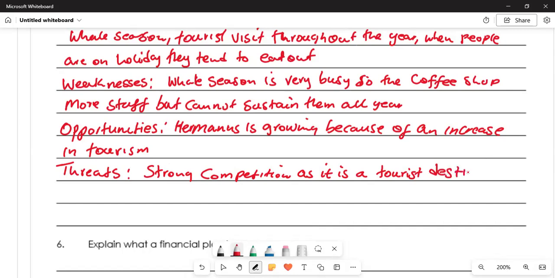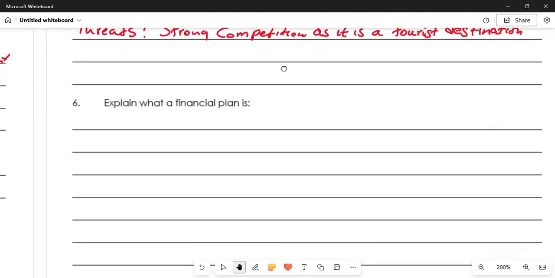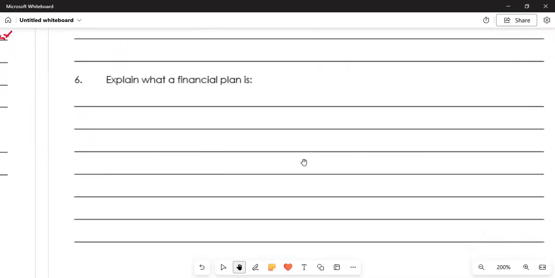Also, if behavior patterns of the tourists change, then the town could lose its appeal. That again can be a threat. Now let us move on to question 6, which is the last question.